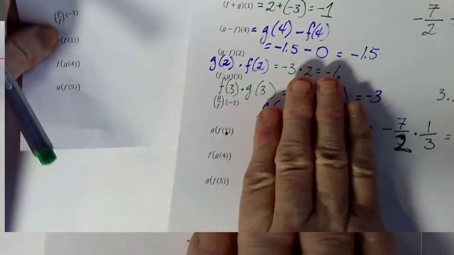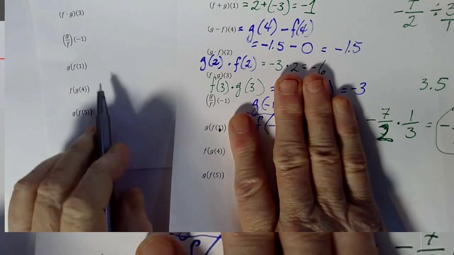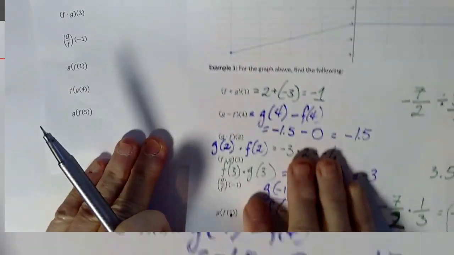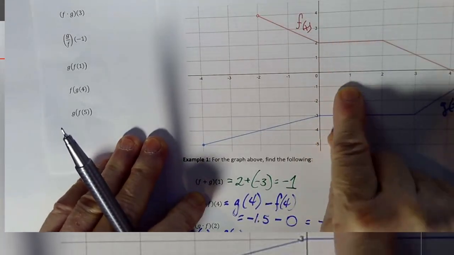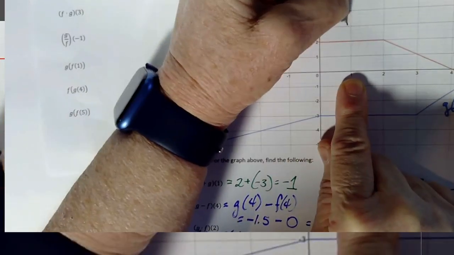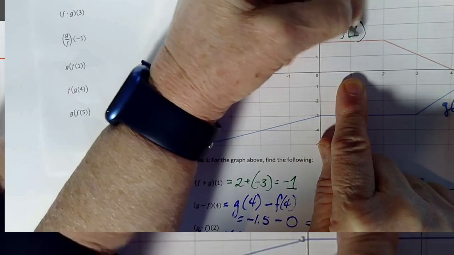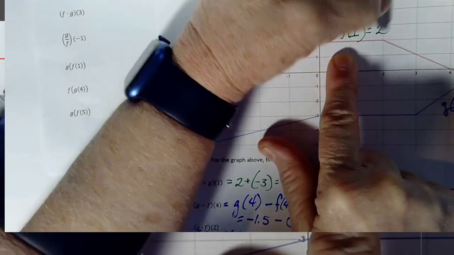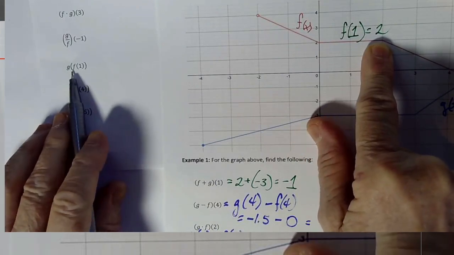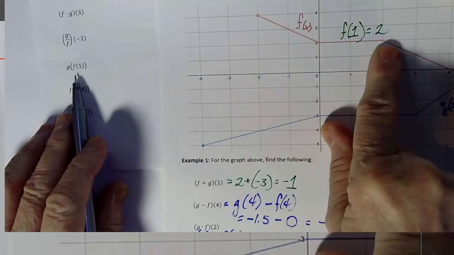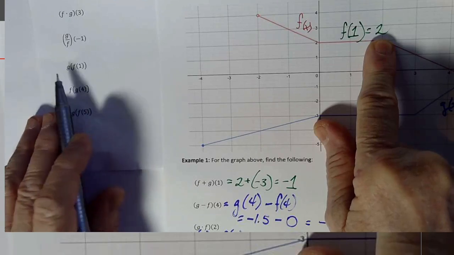Let's move this up. We want to find the inside part, f of 1. So f is going up. f of 1 is equal to 2. This notation means I want to plug the answer, f of 1 equals 2, into g.